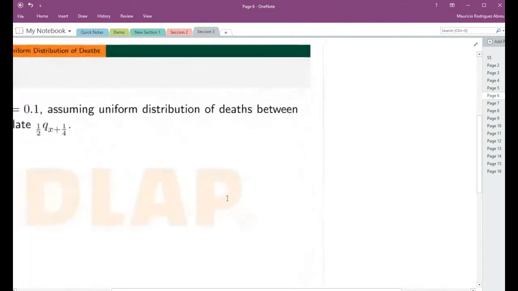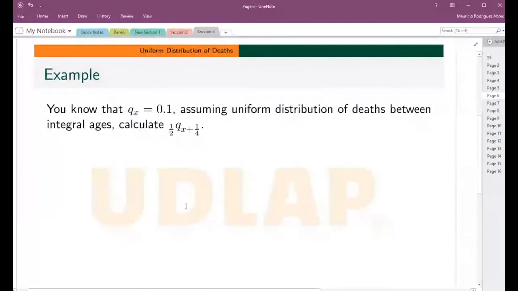Now, see this example. For this example, we know that the probability of a person age X dying in that year is 0.1. Now, using this uniform distribution of deaths between integral ages, let's estimate this probability, okay? This is the general expression that we had before, right?